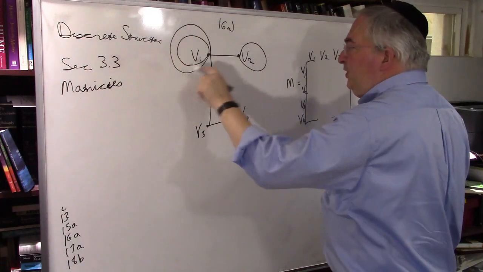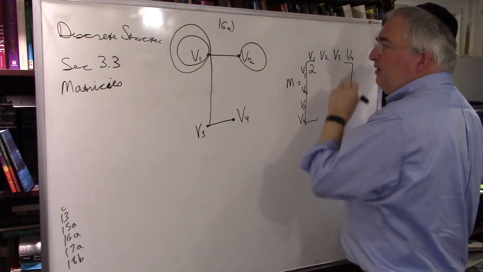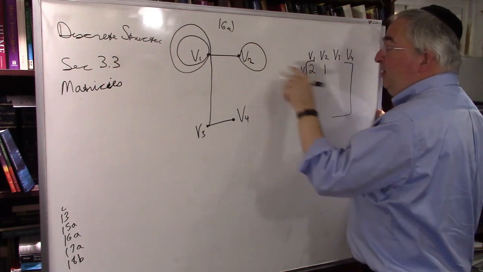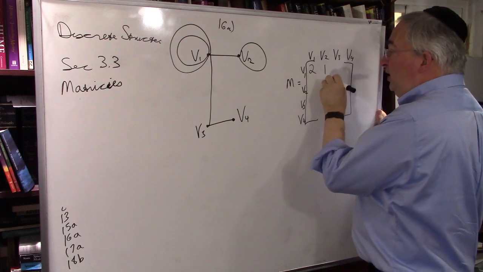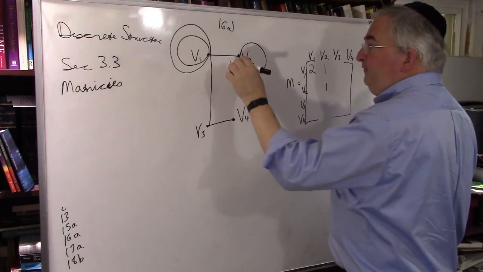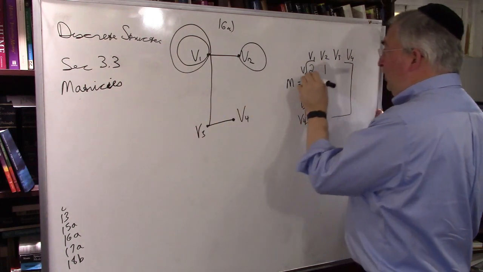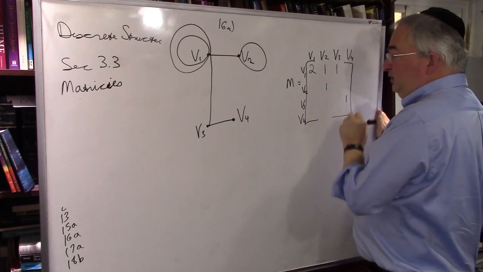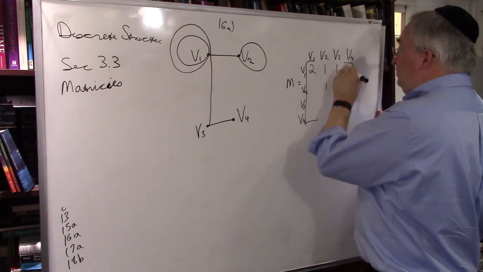So, from V1 to V1, there are two edges. From V1 to V2, there's one edge. From V2 to V2, there's one edge. From V1 to V3, there's one edge. From V3 to V4, there's one edge. Everything else is 0.